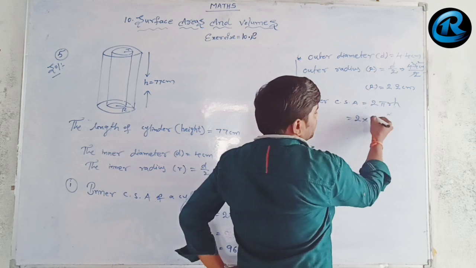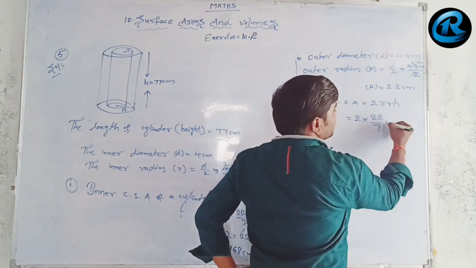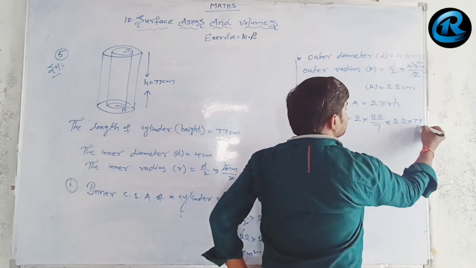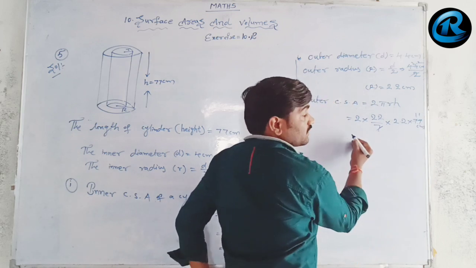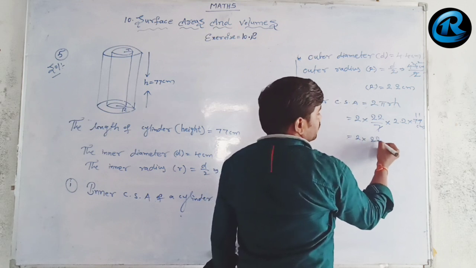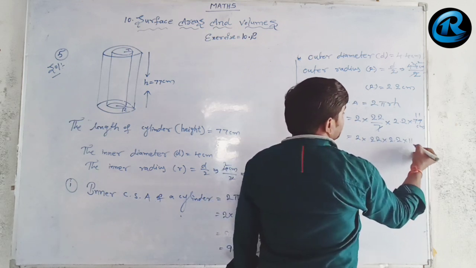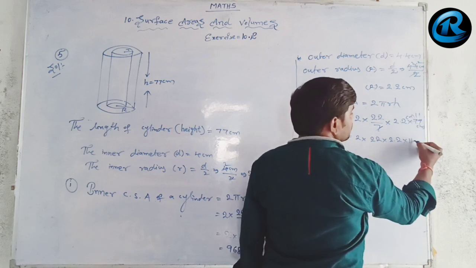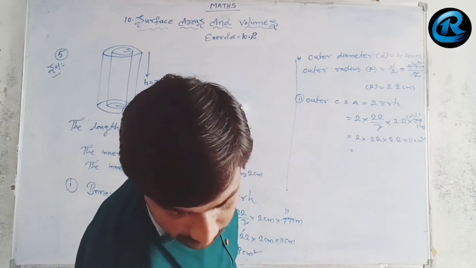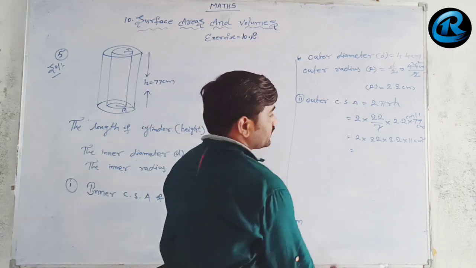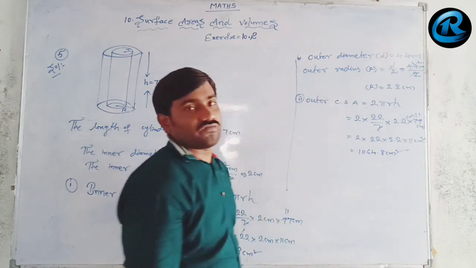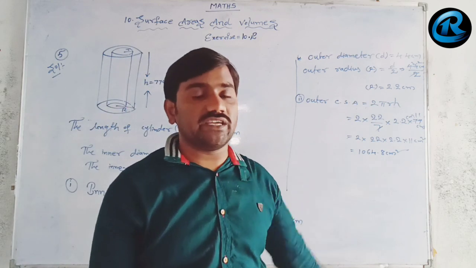So 2 into 22 by 7 into r, 2.2 into h, 77 centimeters. 7 ones are 7, 11. 2 into 22 into 2.2 into 11 here, centimeter to centimeter square. When you multiply this all you get 1064.8 centimeter square. This is the outer surface area, outer curved surface area of a cylinder.